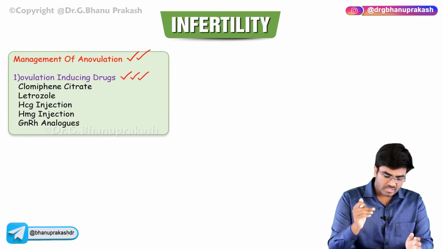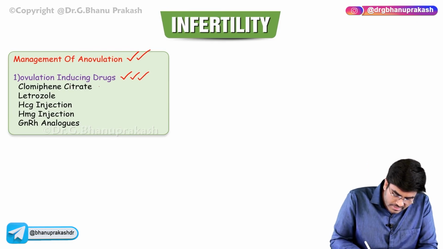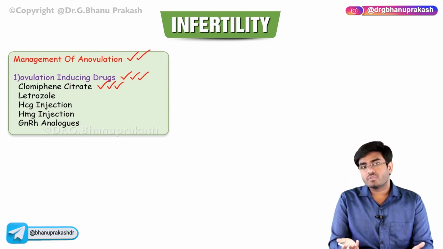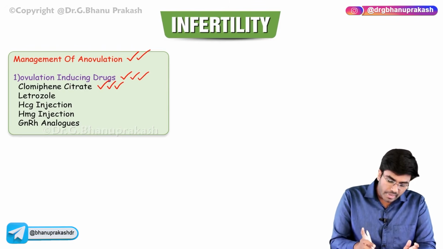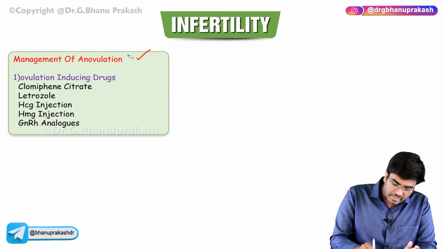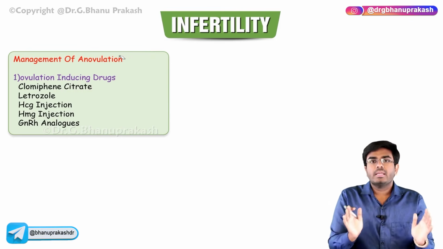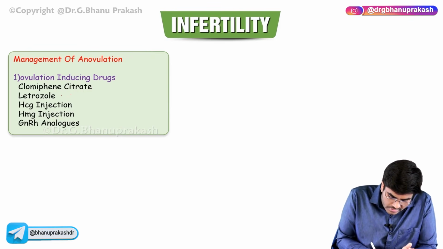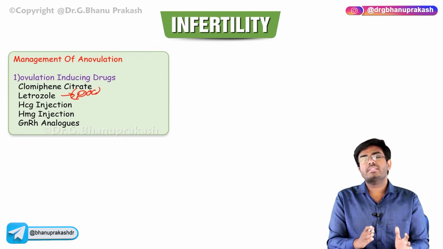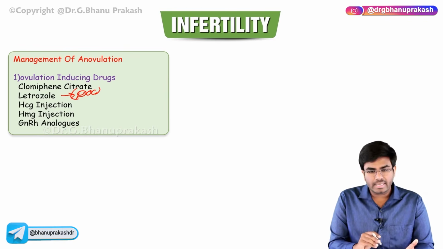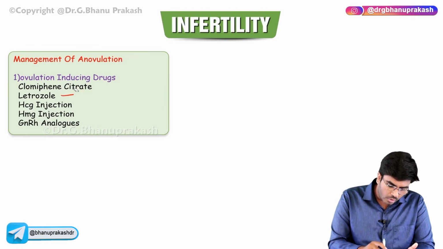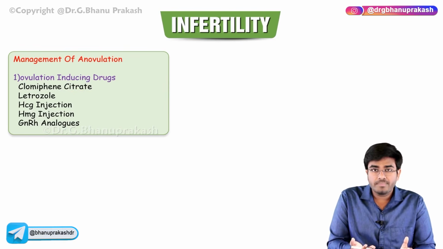So everyone knows our favorite drug is clomiphene citrate. It's the previous drug of choice for ovulation induction. But now in the recent updates, we clearly say that letrozole is the drug of choice for ovulation induction in a female who is having anovulatory cycles. So clomiphene citrate, we all know, is an anti-estrogen.